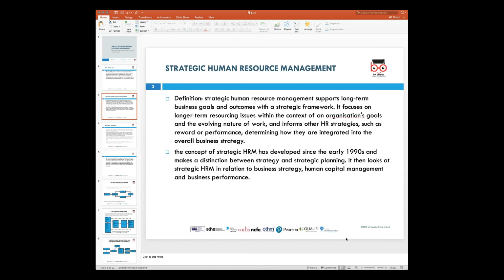So very literally, HR looks at deploying the best possible resources that it will require for achieving that particular strategy.